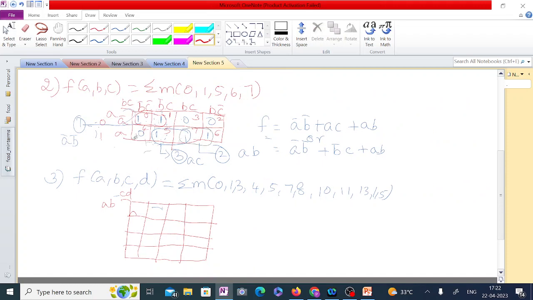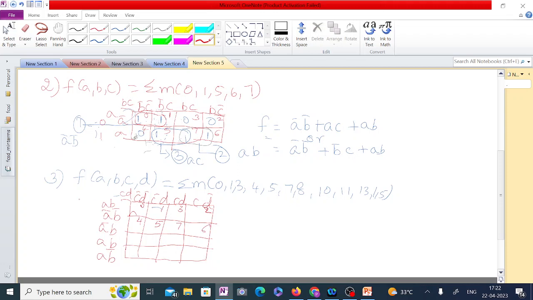So this would be A bar B bar, A bar B, AB, AB bar. How we did for three variables. This would be C bar D bar, C bar D, CD, CD bar. So now this location would be 0, 1, 3, 2. This would be 4, 5, 7, 6.